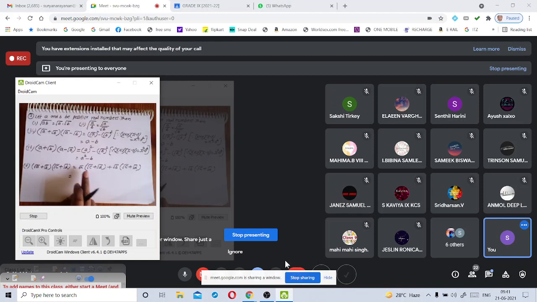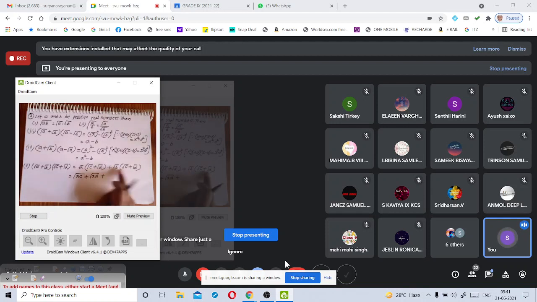Root a into root c is root ac, because we used this property, root a into root b is equal to root ab. So root a into root c is root ac plus root a into root d, root ad, plus similarly here.